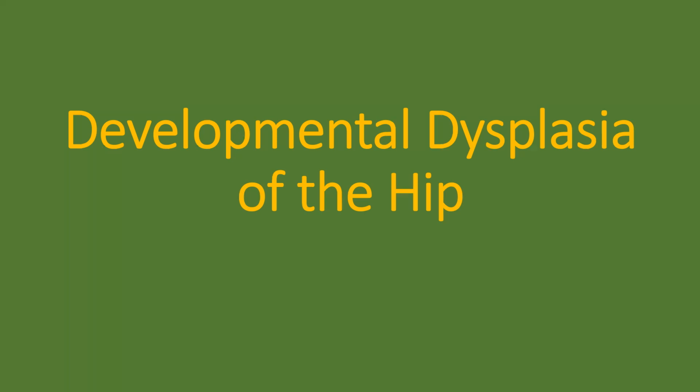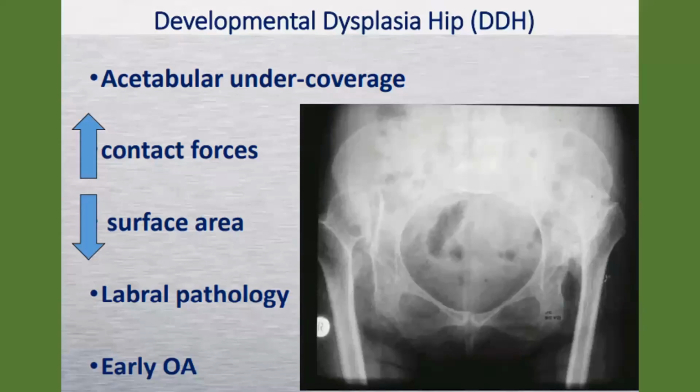Okay. Now I'm going to carry on with developmental dysplasia of the hip in the adult. What should we know about developmental dysplasia of the hip? First of all, it is exactly the issue we were speaking about, an acetabular under-coverage.